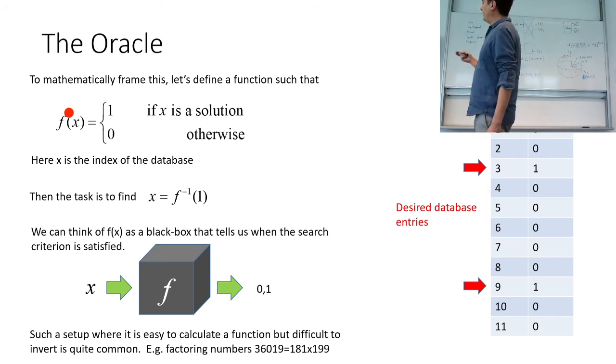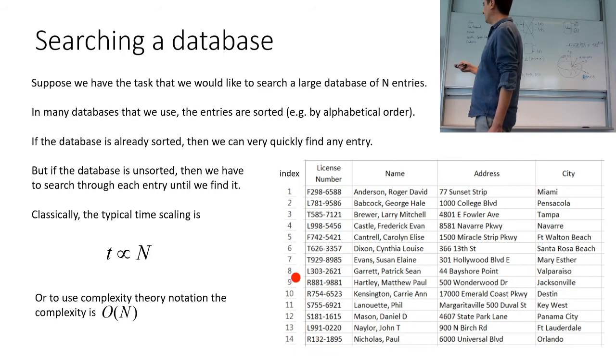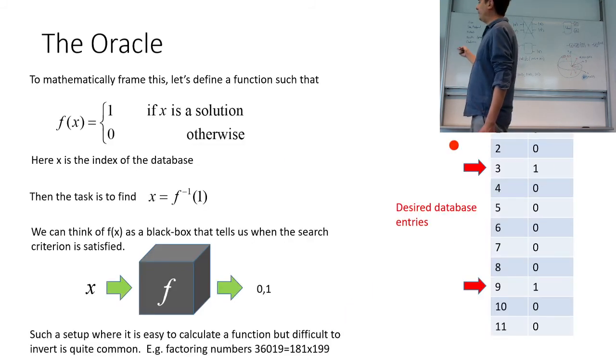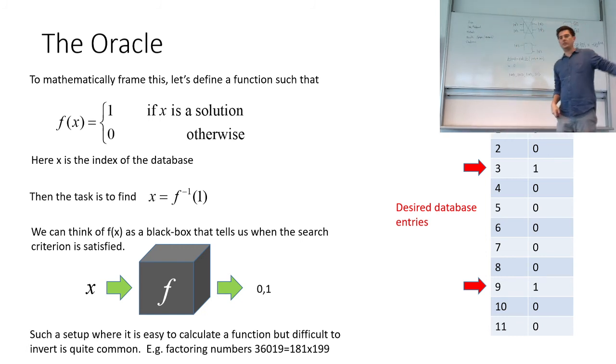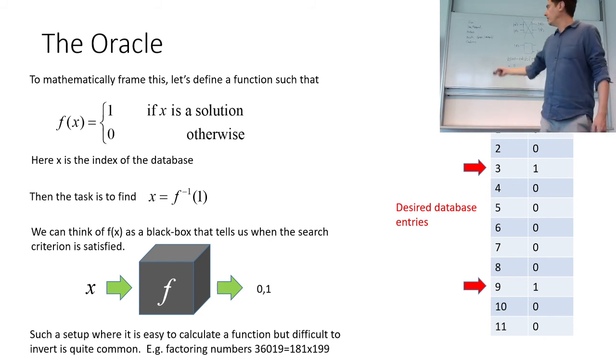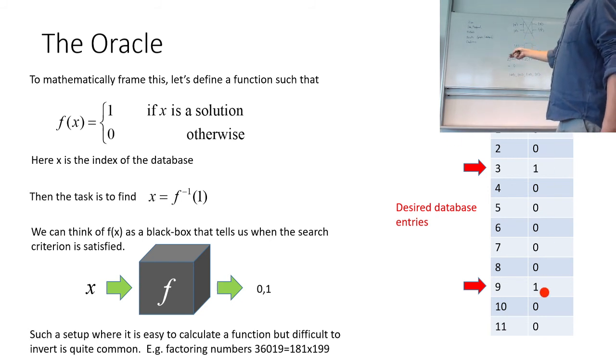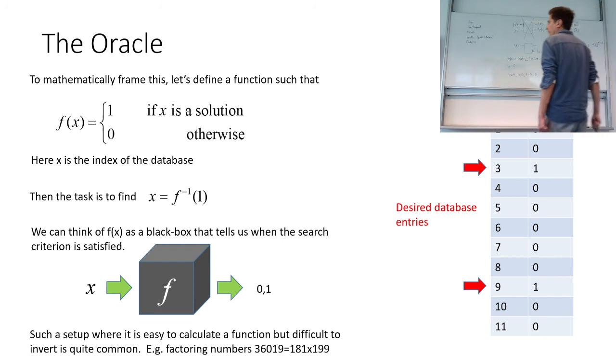This function f of x has some number of inputs. The inputs are basically the database indices. We've labeled this database with some index. Here I've started from 1, but normally you start from 0. And this f of x is just something that says, yes, that's the thing that we're looking for, or no, that's not the thing that we're looking for. So it's mostly no's, and then a couple of yeses, here and here. Those are the things that we're actually looking for.